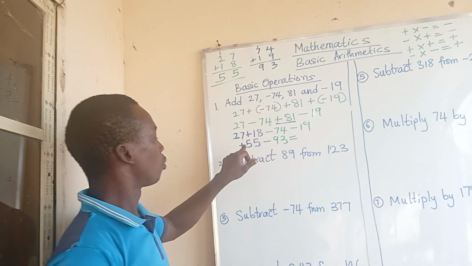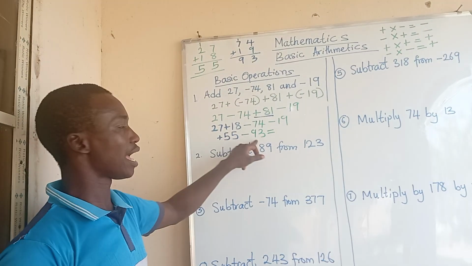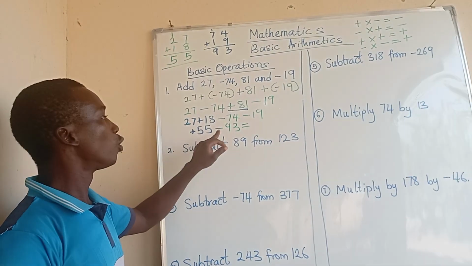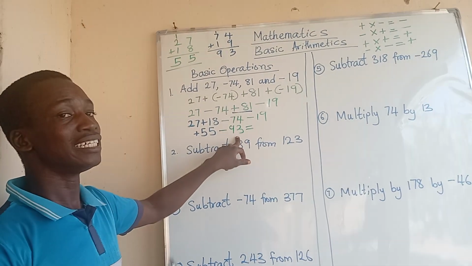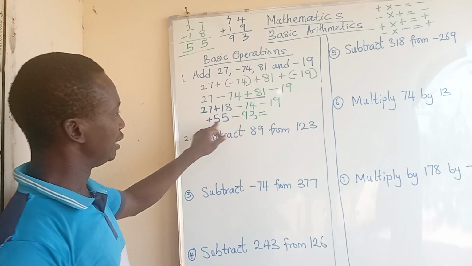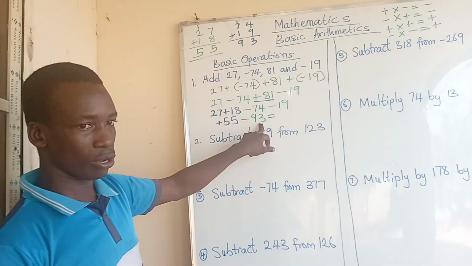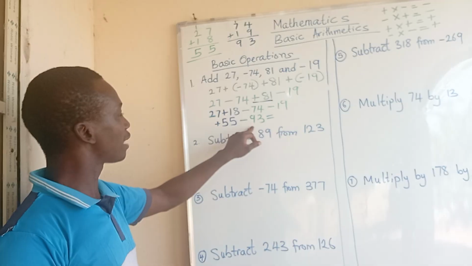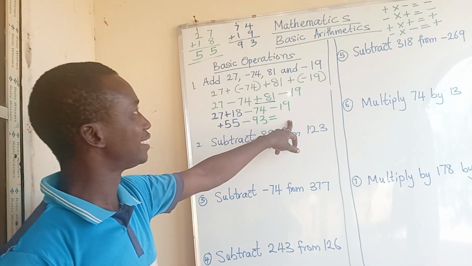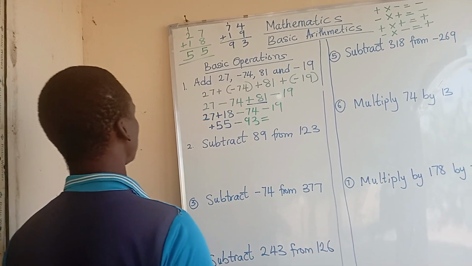I repeat, when you have two numbers that carry different signs, you are going to subtract them, but your answer will carry the sign that has the largest number. So in this case, minus has the largest number more than the plus. So after subtracting, that means our final answer is going to be a negative answer. So let's try to solve that.